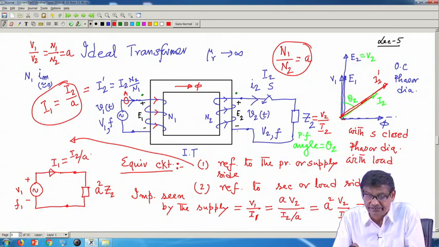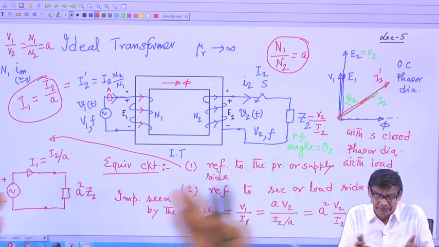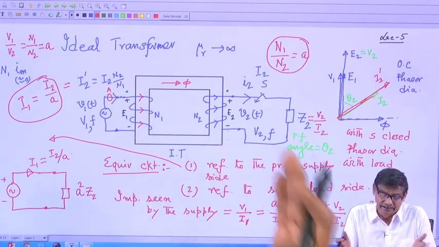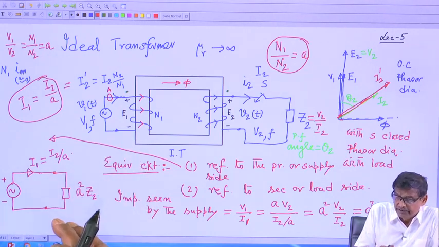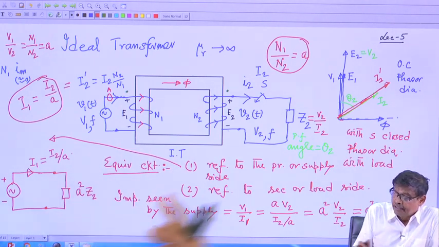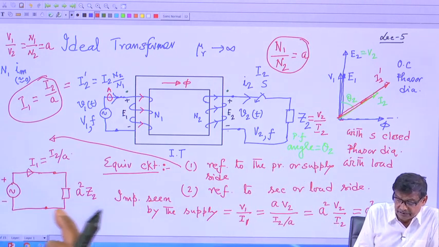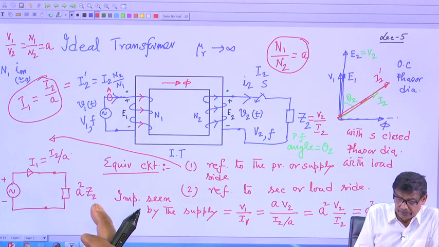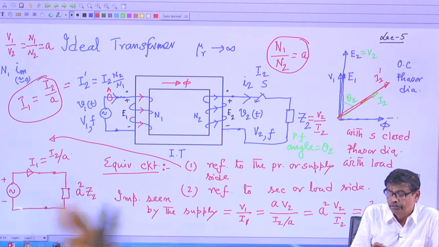So, this is called the equivalent circuit of the ideal transformer. Your actual circuit is this, but to simplify matters, to find out the currents in the circuit, you draw the equivalent circuit referred to the source side, the primary side. If you have connected an impedance Z2 here, solve this simple circuit where it is A square Z2, get the current I1, and we have solved the problem.